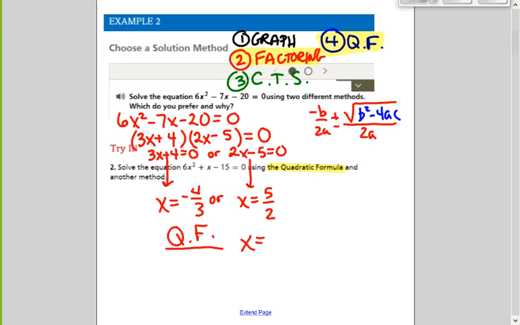So up here in the top left, we're going to need the opposite of negative 7. 7, divided by 2 times a. A is 6, so 2 times a will be 12. Plus minus the square root. Now here's where you want to use parentheses. B squared minus 4ac.